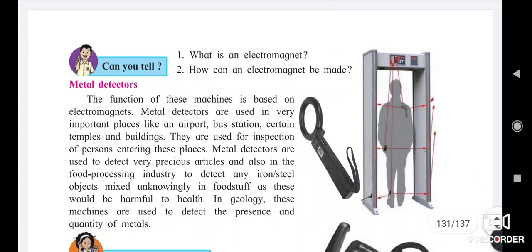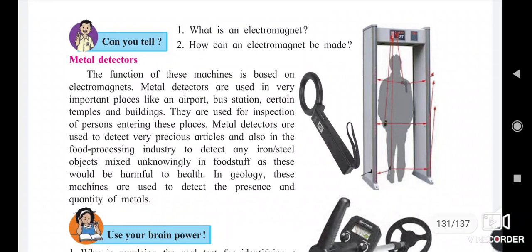The metal detector. We use magnets as metal detectors. The function of these machines is based on electromagnets. Metal detectors are used in very important places like airports, bus stations, certain temples and buildings. They are used for the inspection of persons entering these places.